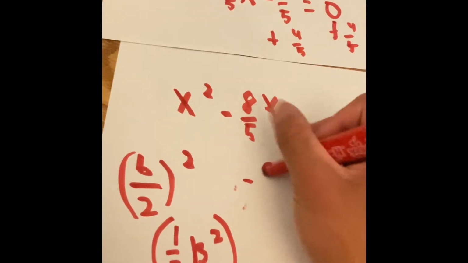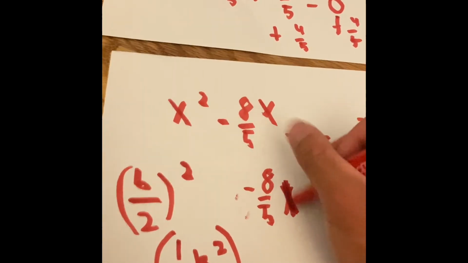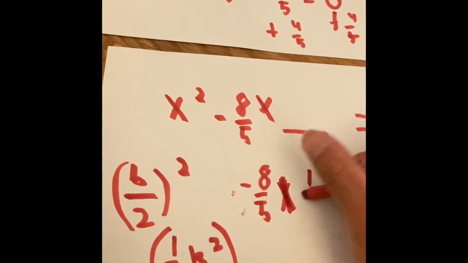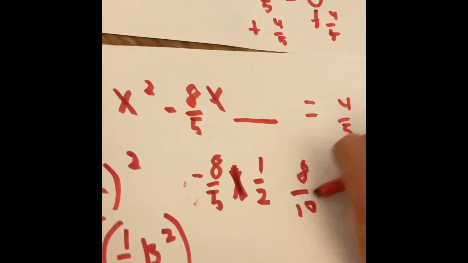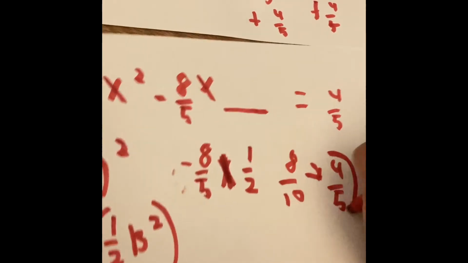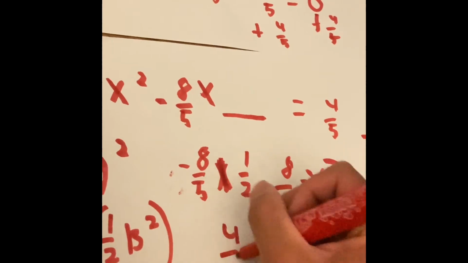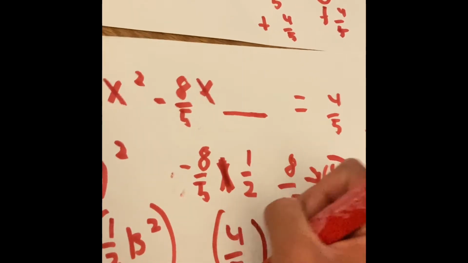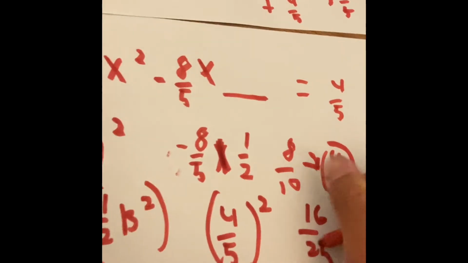Negative 8 over 5, multiplied by 1 over 2, is going to be 8 over 10, or simplified, 4 over 5. Always simplify your answers. So 4 over 5 squared is going to bring us to 16 over 25.